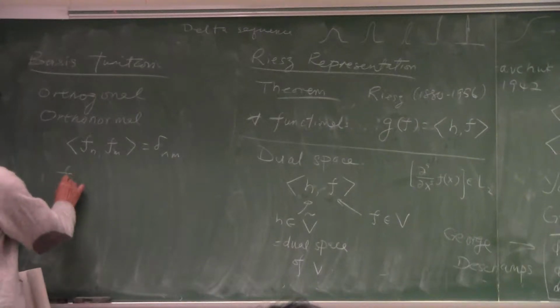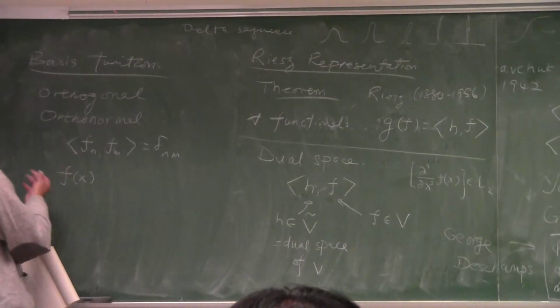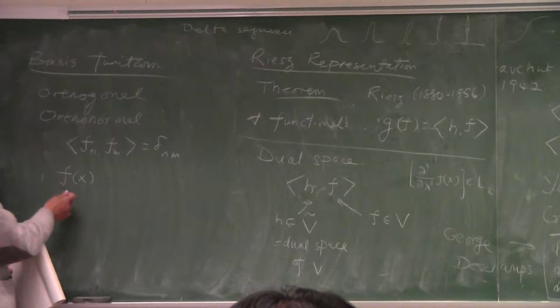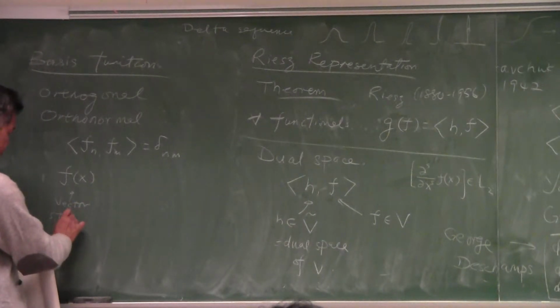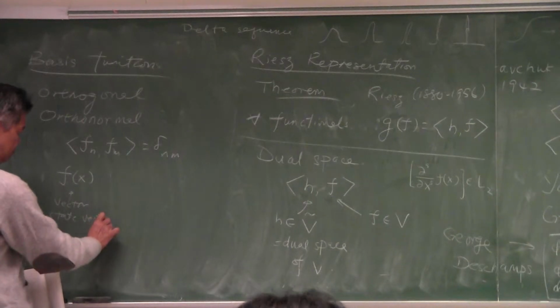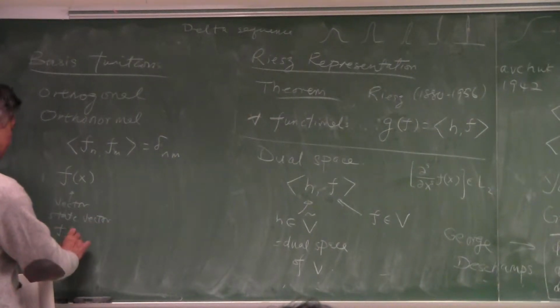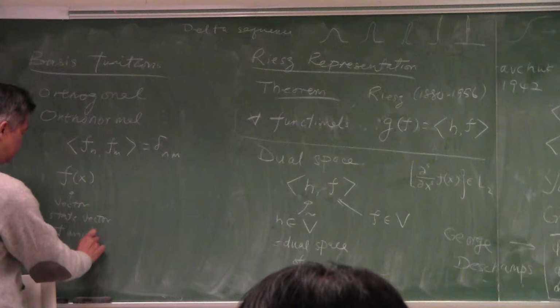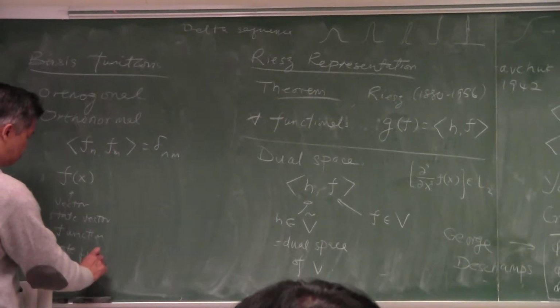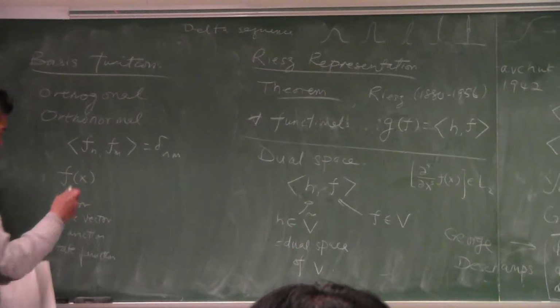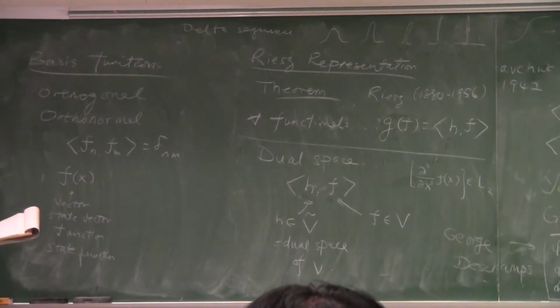And then if you have any function or any vector, some people will call this a vector, the state vector, a function, a state function. Okay, all kinds of names prevail for this kind of thing.